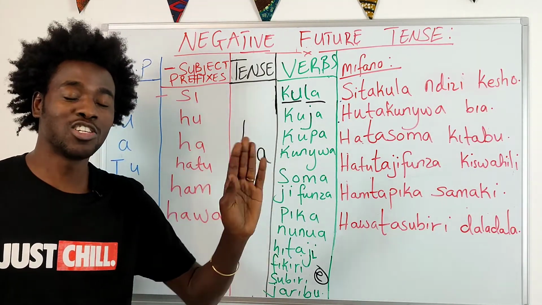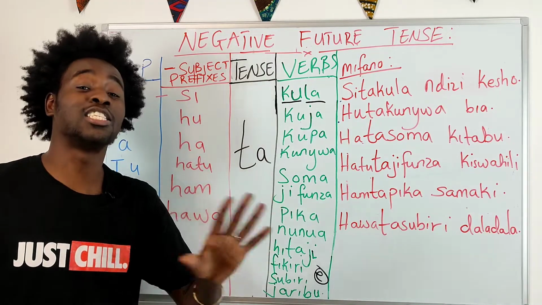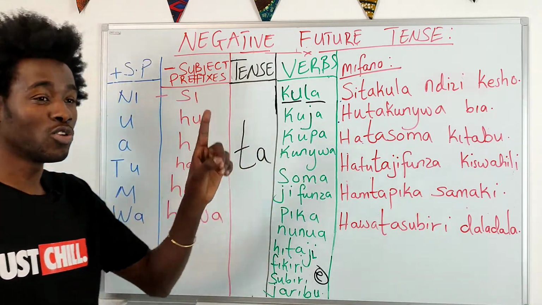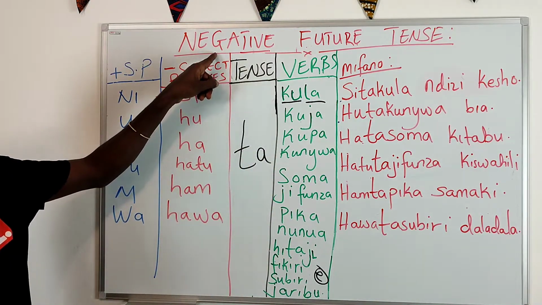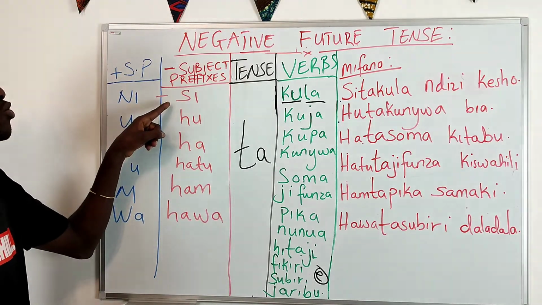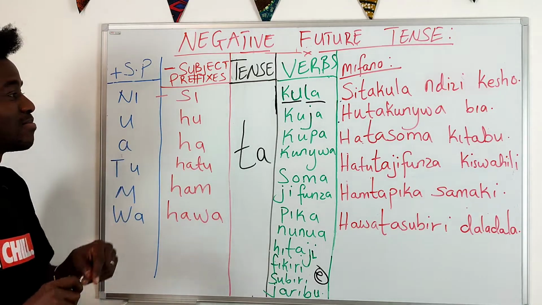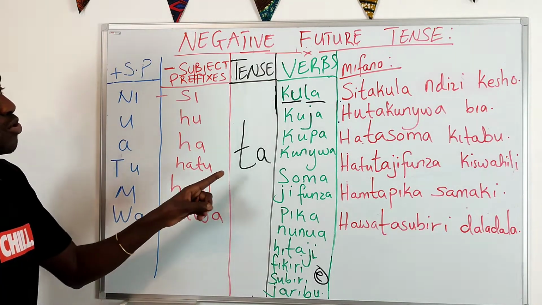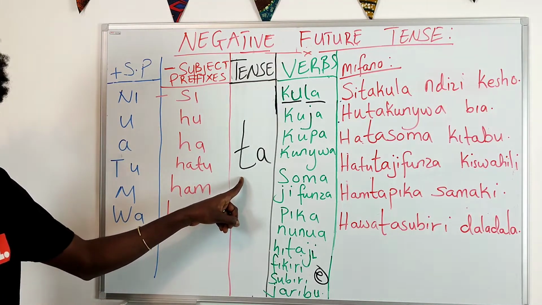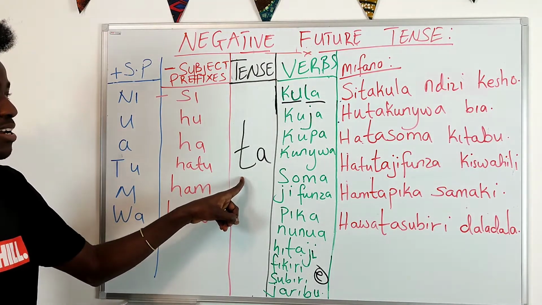Rule number one, in order to construct a sentence, it is always rule number one. So rule number one, because today we are discussing negative, use the negative subject prefix. Rule number two, use the tense, ta.